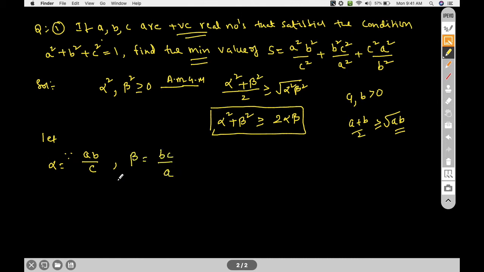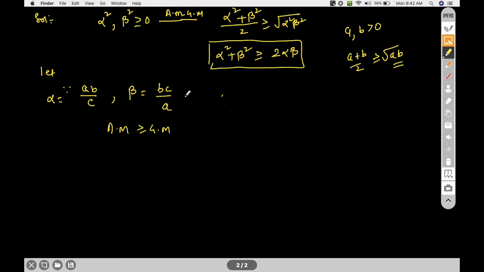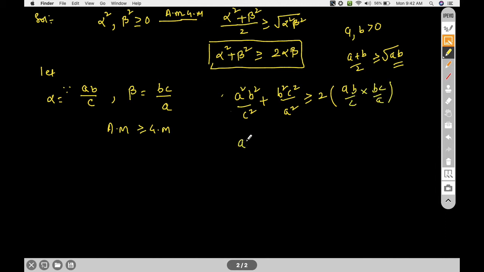Since A, B, C are positive, AB by C and BC by A are both positive. Let alpha be AB by C and beta be BC by A. Then A square B square by C square plus B square C square by A square is greater than or equal to 2 alpha beta, that is, AB by C into BC by A. Here A cancels and C cancels, so this is 2 times B square.